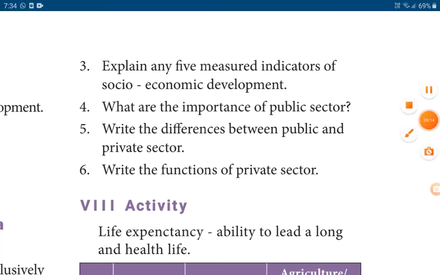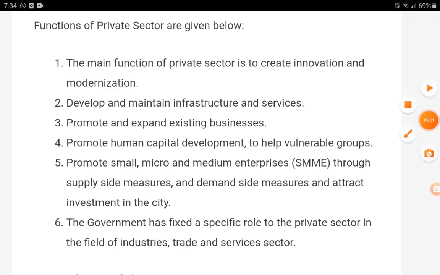Next question, write the functions of private sector. Functions of private sector are given below.